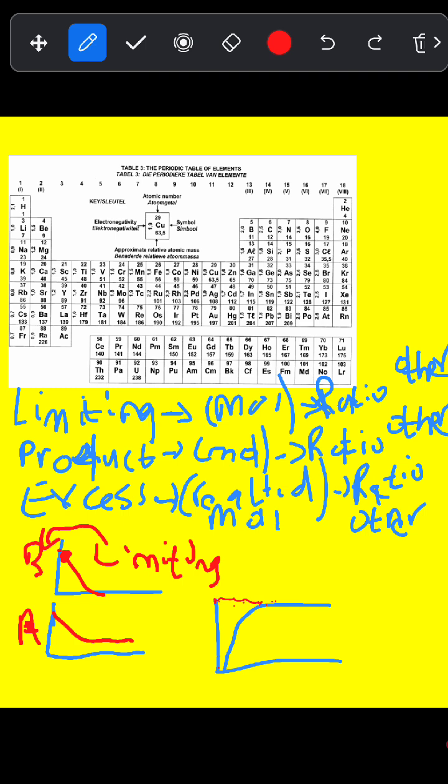So this is a graph of a product, because a product always starts from 0, meaning there is nothing in the beginning. Whatever the substance is here, that substance is a product, and the amount of the product that is produced is indicated there.